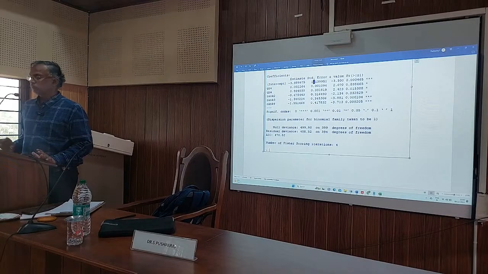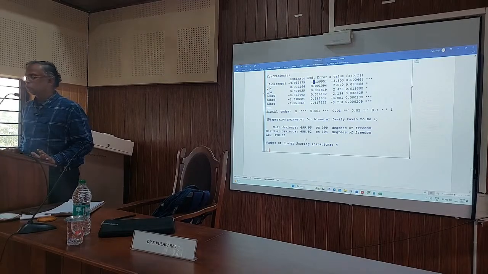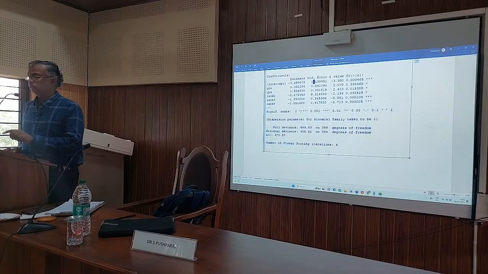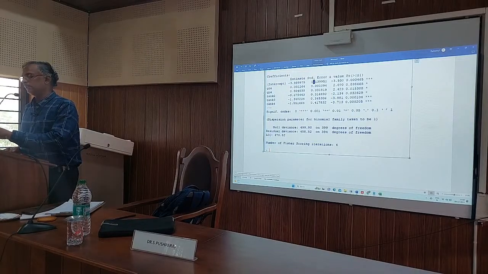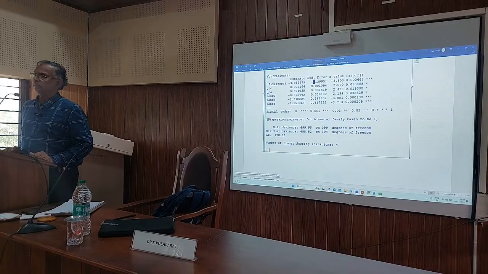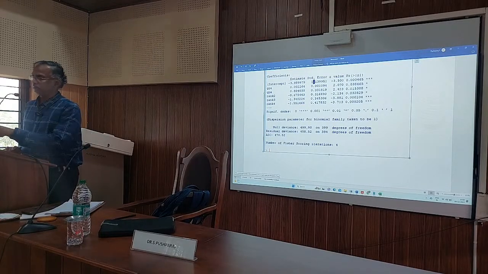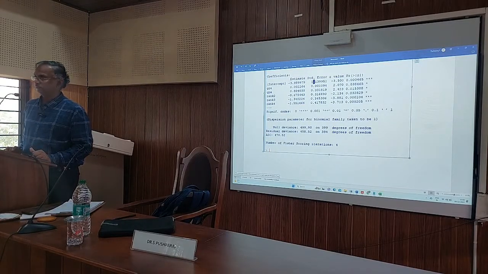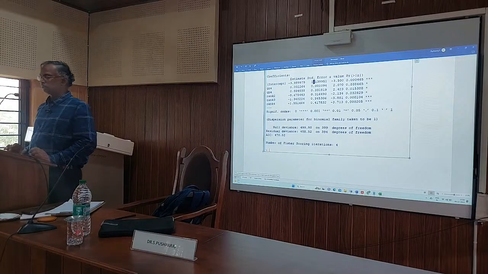Here also the values are positively related for these two scale variables, and for the other categorical dummy variables, the relationship is negative. Okay. So this is what is given.